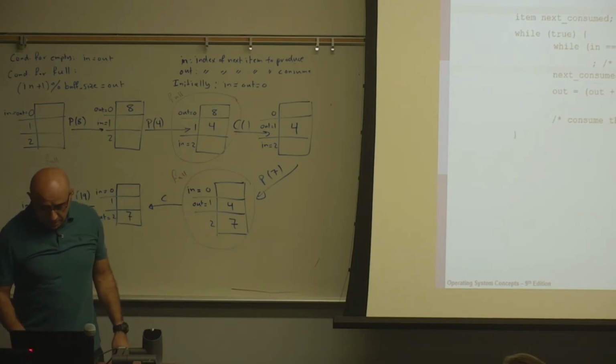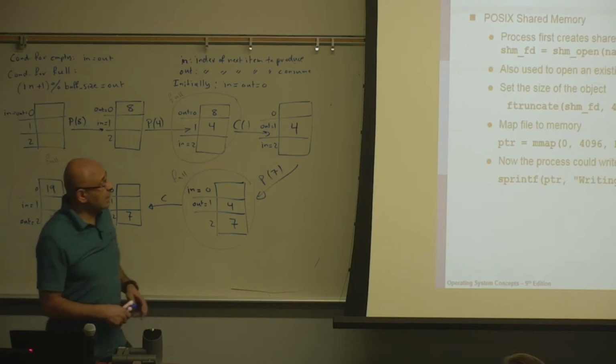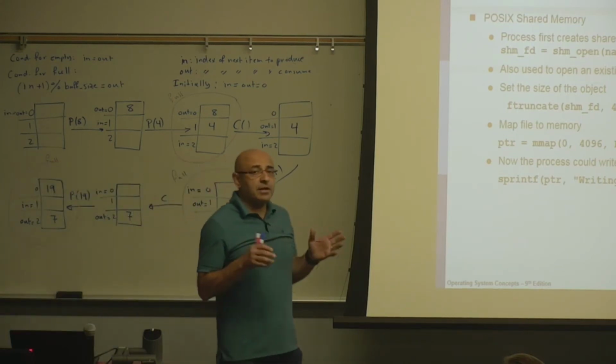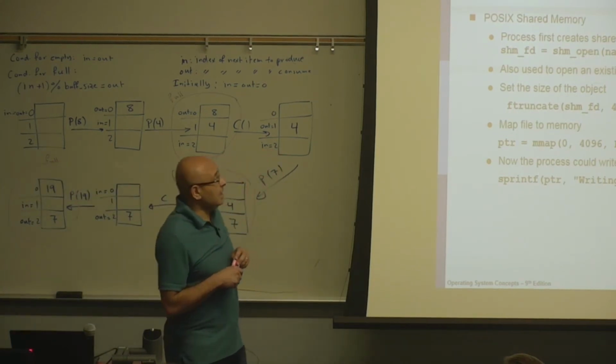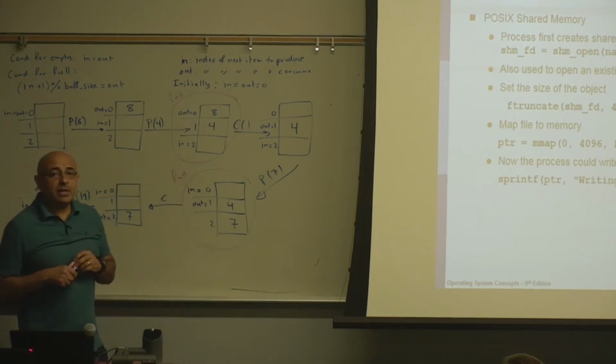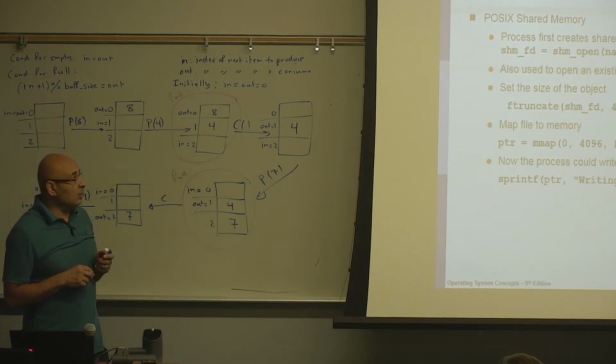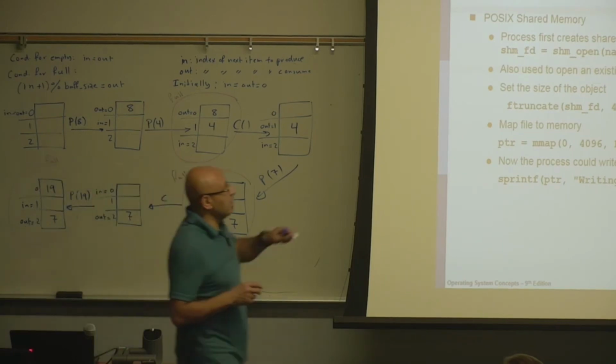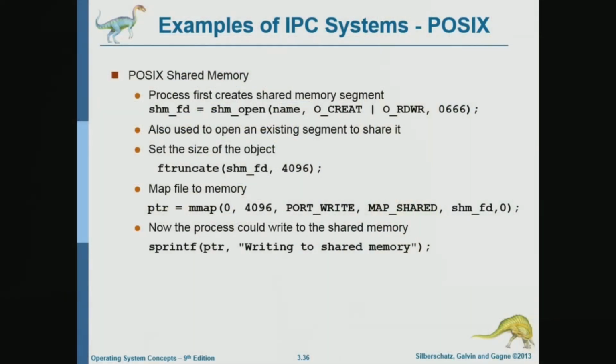Okay. So now, how do we create a shared memory buffer using the POSIX API? There are 3 APIs that we use to create a shared memory buffer. There is shared memory open, which creates a shared memory buffer, and you give it a name.